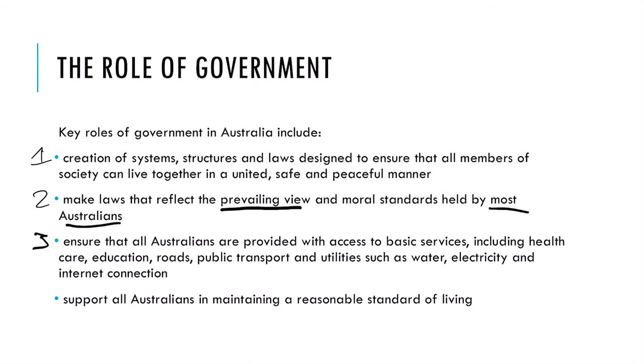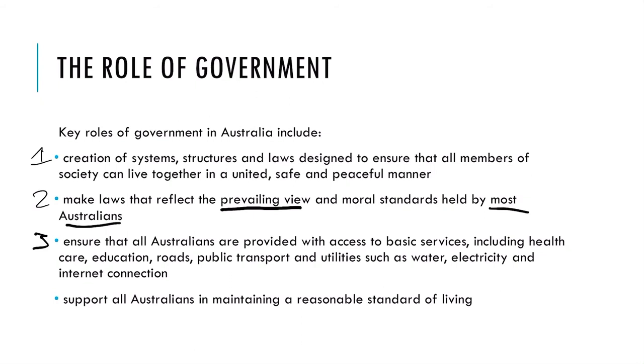Third role is to ensure that all Australians are provided with access to basic services, including healthcare, education, roads, public transport, and utilities such as water, electricity, and internet connection. This can come in many different forms, including welfare payments, disability payments, the pension.